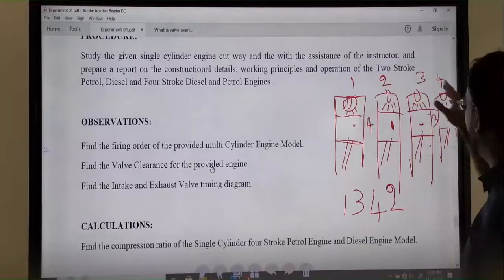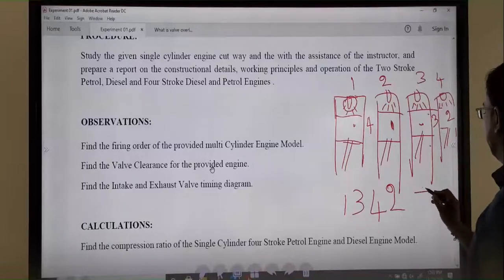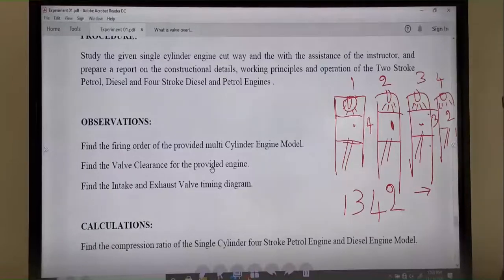So this type of process continuously occurs. When it finishes, then the second, this and this, the fourth cylinder, and finally the second cylinder.